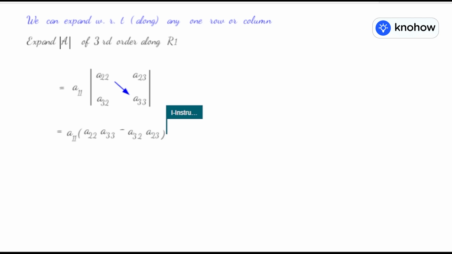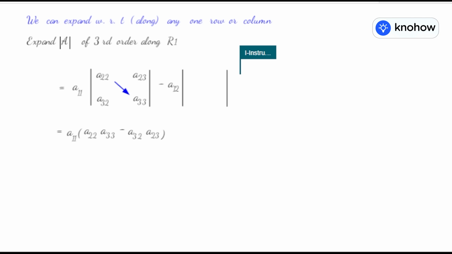So we take a11 times the determinant of second order obtained by deleting the row and column through a11, then minus times. You know that we have alternate plus, minus, plus. So minus times the second element of the first row, a12. Again you delete the row and column through a12.